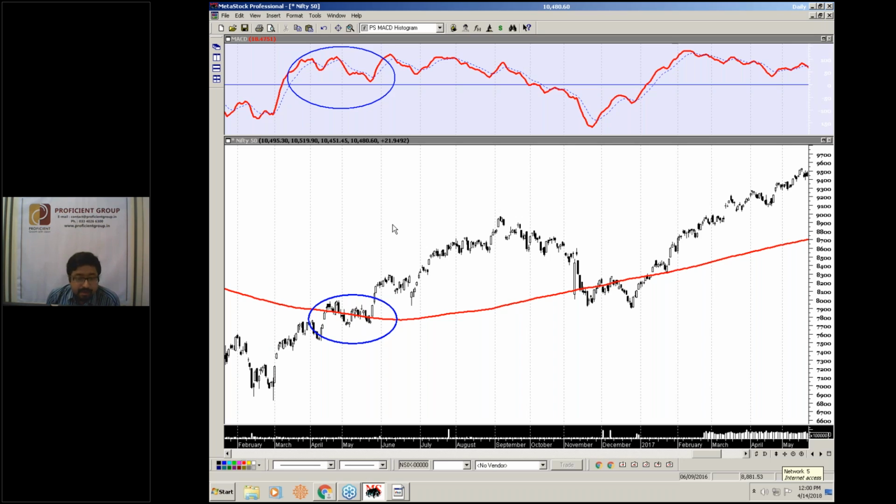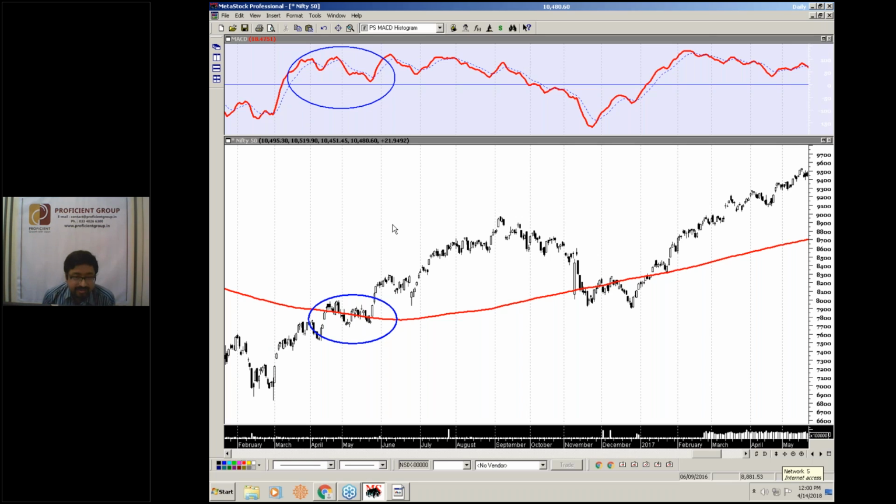So if we use the combination of these two indicators, then there is a fair chance that these kinds of whipsaws, which happen to be the greatest weakness of moving averages, we can eliminate this weakness, and we can create something really robust.